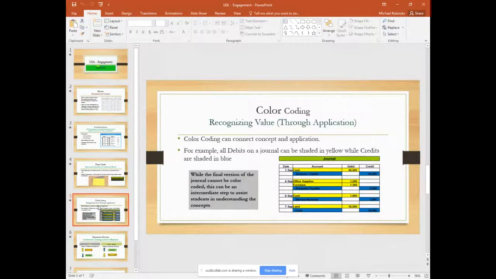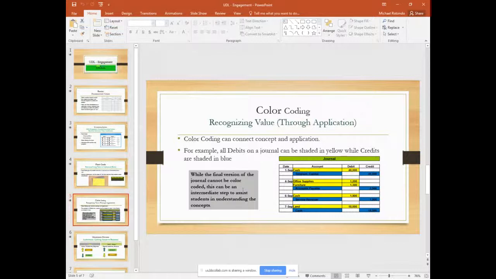For example, we could shade the debits in yellow and the credits in blue on a journal or a trial balance. As you can see here, this is an example of journal entries where the debits are shaded in yellow and the credits in blue. Certainly the final version of these reports and statements and journals and so on cannot be color coded.